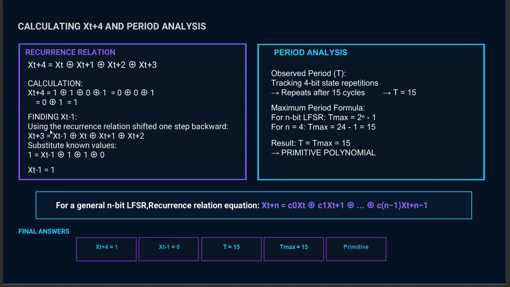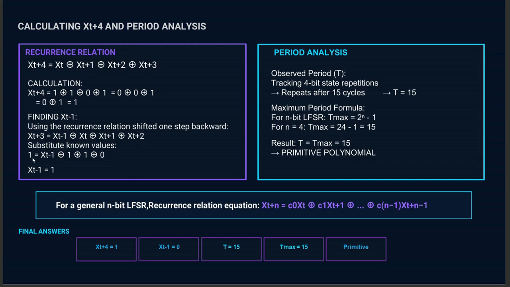Now let us work backward and find S(t-1). Shifting the recurrent relationship one step backward, we get S(t+3) equal to S(t-1) XOR S(t) XOR S(t+1) XOR S(t+2).